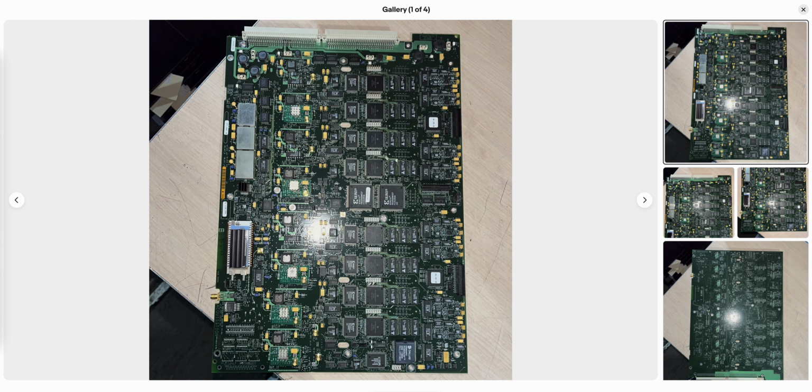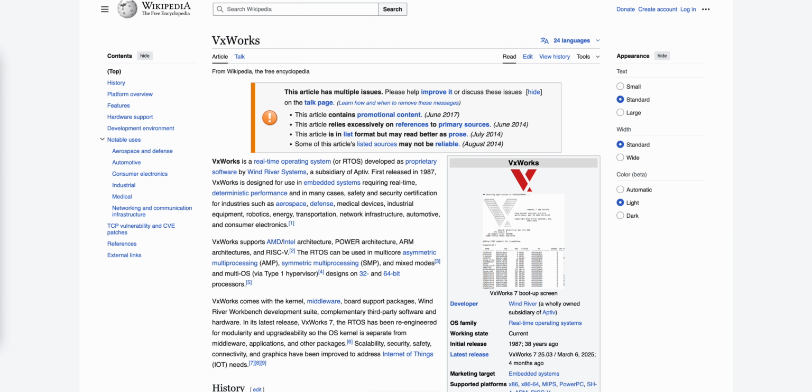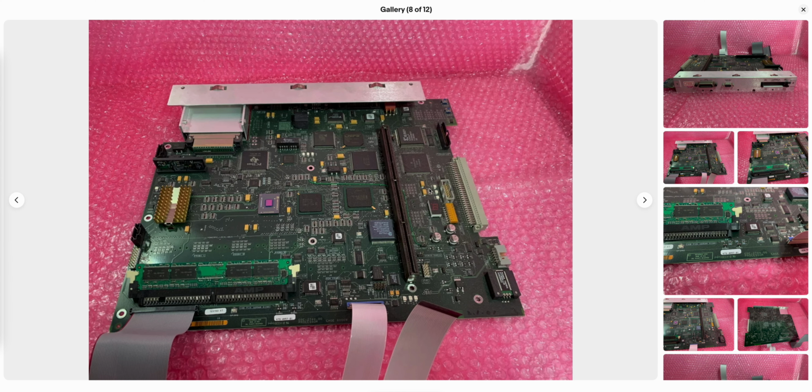This computer uses a real-time operating system that I didn't know existed, to be honest. A full real-time operating system, its own thing, running specialized software that Tektronix has created to talk with the acquisition board.